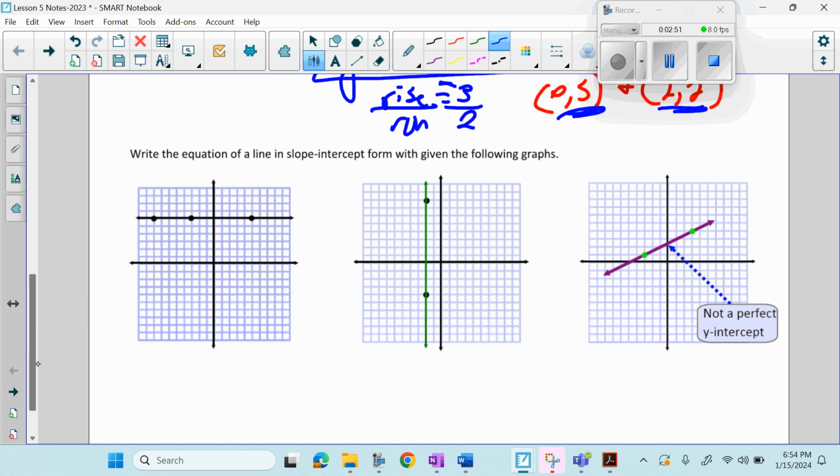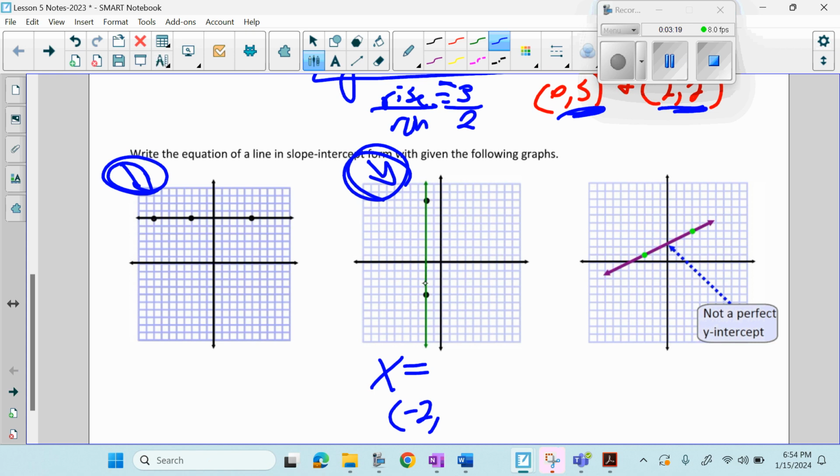Okay, as we keep going, we've talked about these weird situations where we either have a horizontal in this case or vertical in this case. And remember, if you have the same x values, then you're going to have a vertical line. So this is going to be x equals, because you have, like in this case, x equals -2.